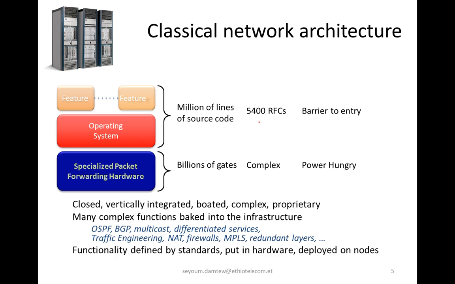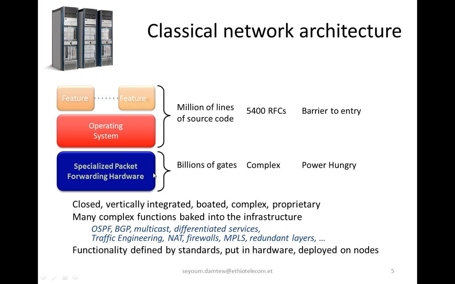With such an architecture, it's called a vertically integrated architecture, and most of the time it is proprietary, which means vendors just produce their own proprietary systems. You can see that OSPF, BGP, and multicast are different features, and those features need to communicate with the operating system, and the operating system needs to communicate with specialized packet forwarding hardware.